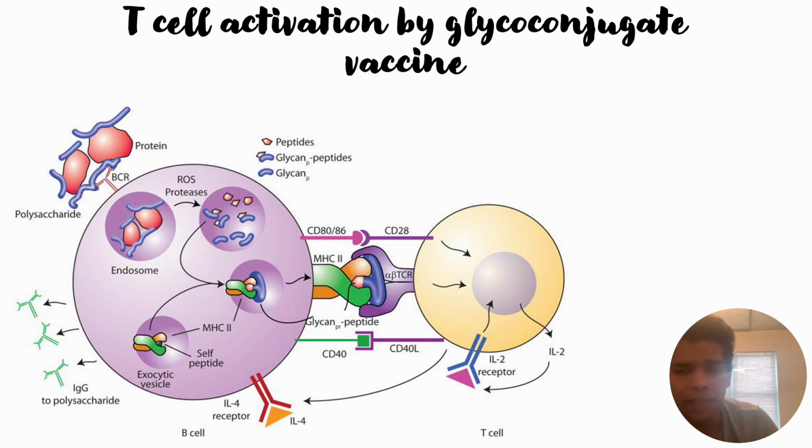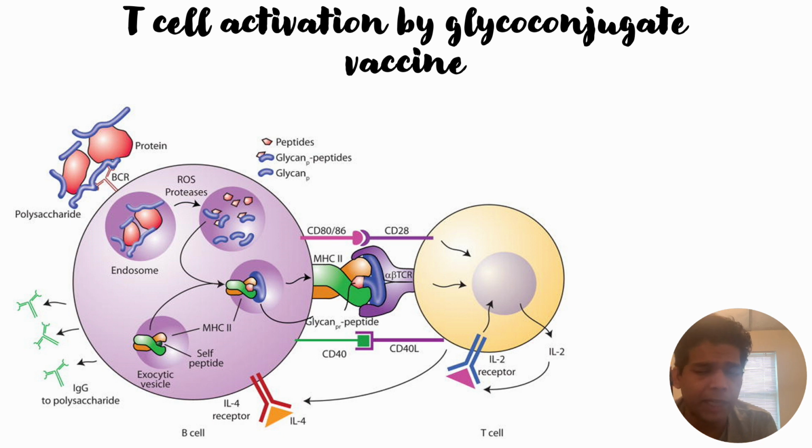They need other interactions also, which provide the current scenario of the glycoconjugate within the host. This information is provided by CD80 or CD86 interacting with the CD28 receptor, and CD40 interacting with the CD40 ligand, and all these interactions together lead to the activation of the T cells.